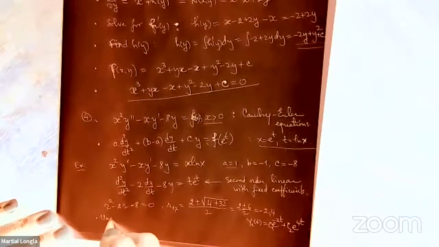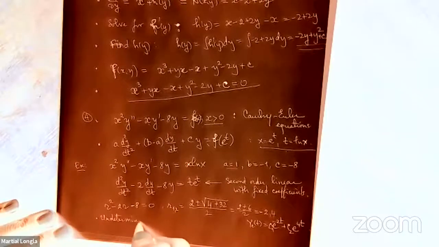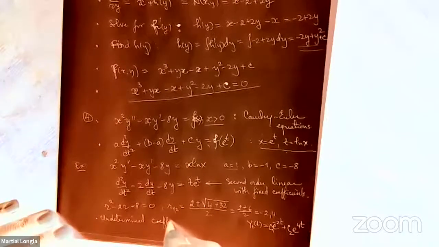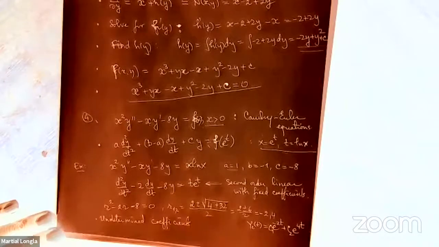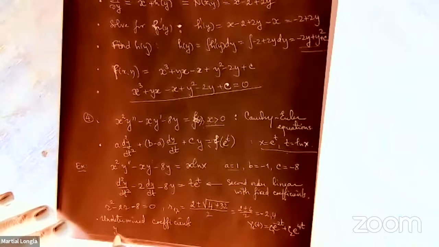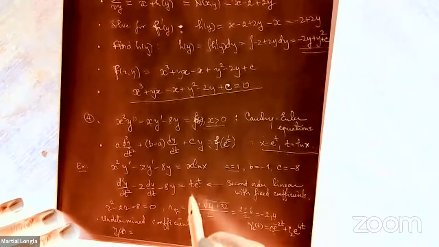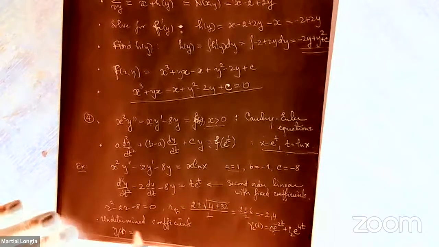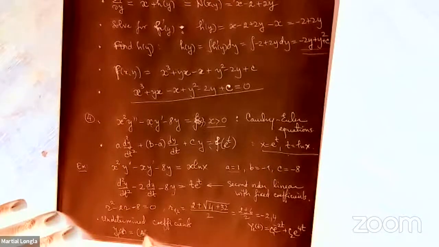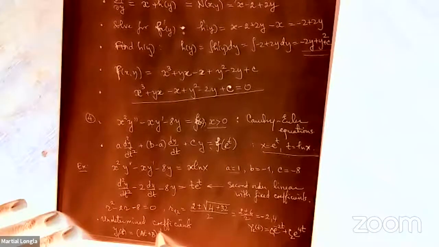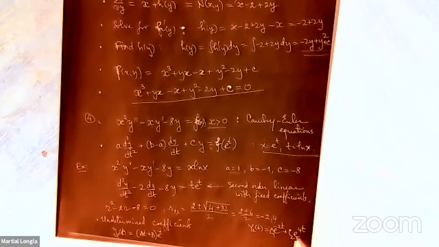So I want yp of t, because we have t in the equation, that's a polynomial of degree 1 times e to the t, so it's going to be (at plus b) times e to the t, and then we are going to check to see if these are solutions of the homogeneous equation, to see if we should multiply by t or t squared.